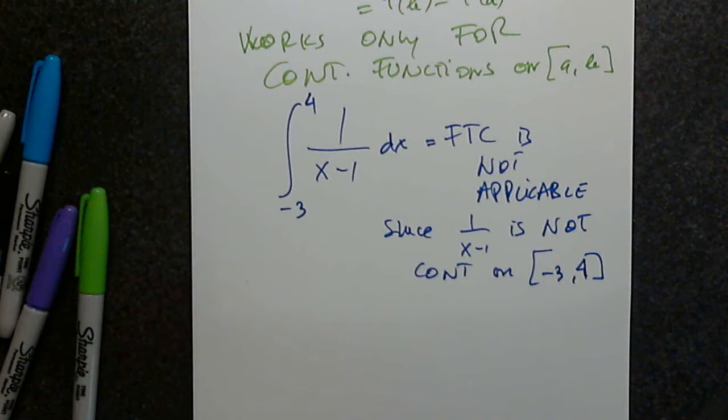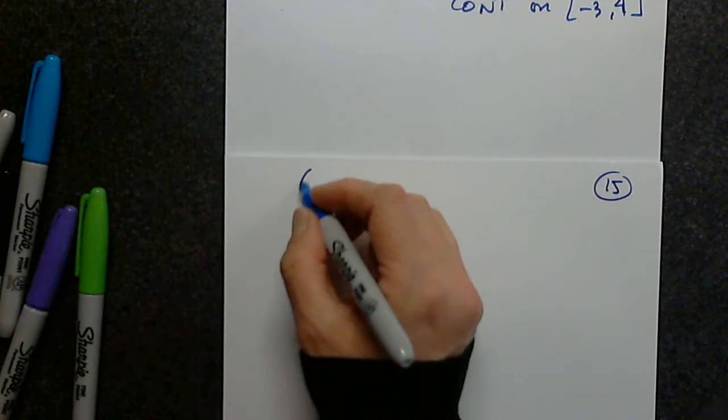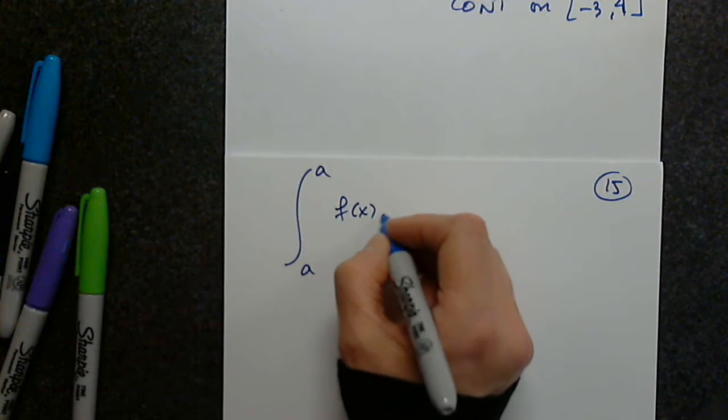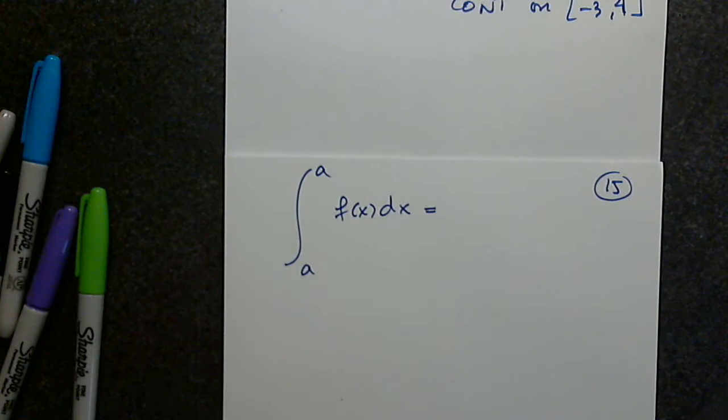Perfect. Can we consider the next property then? Here's our next property. The integral from a to a of f of x dx. What do you think this equals?